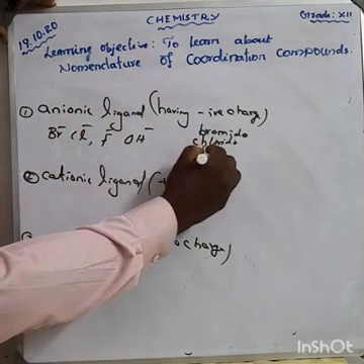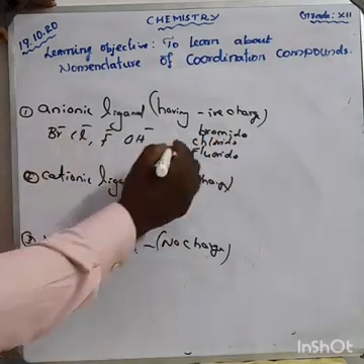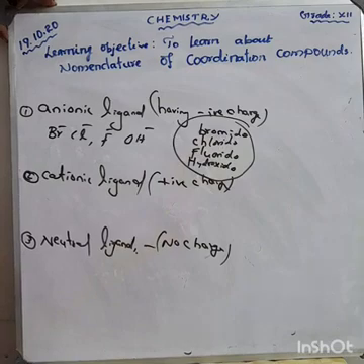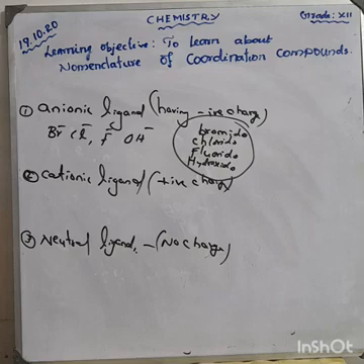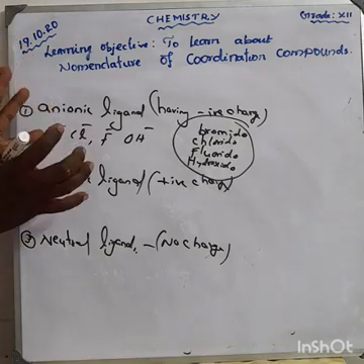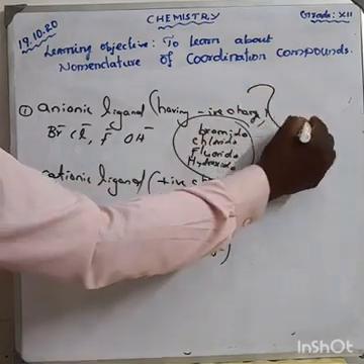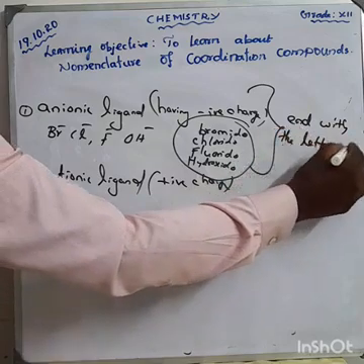Fluorido. OH minus ion, hydroxido. These are all anionic ligands, having the negative charge. What is the speciality about these negative ligands? These ligands end with the letter O.